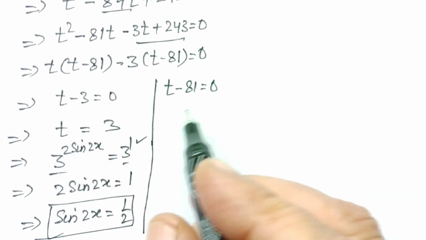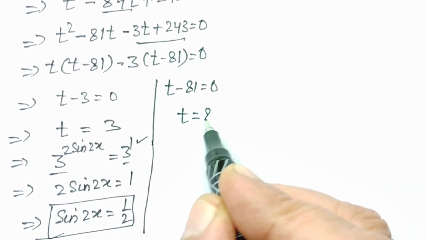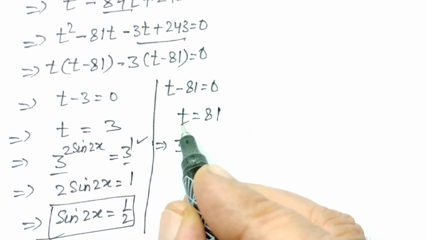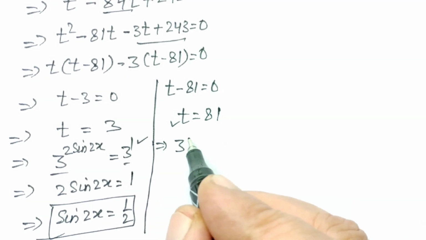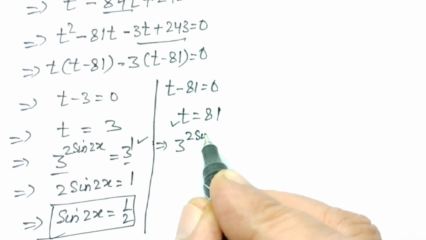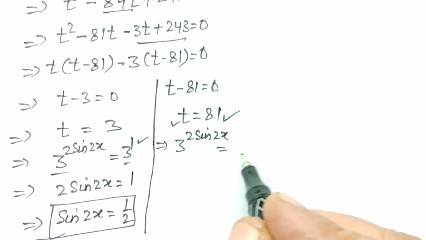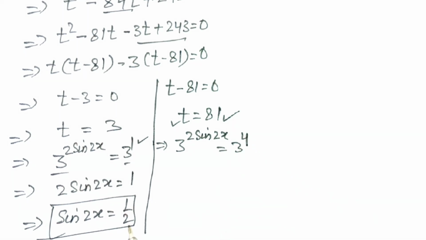If we go with t equal to 81, then as we have assumed, 3 to the power 2 sin 2x is equal to 81, which is 3 to the power 4.